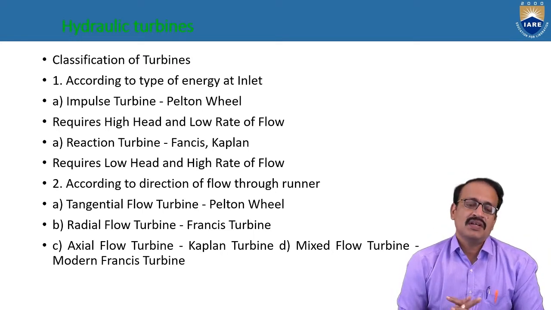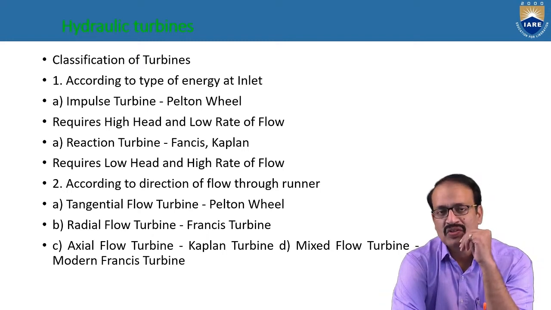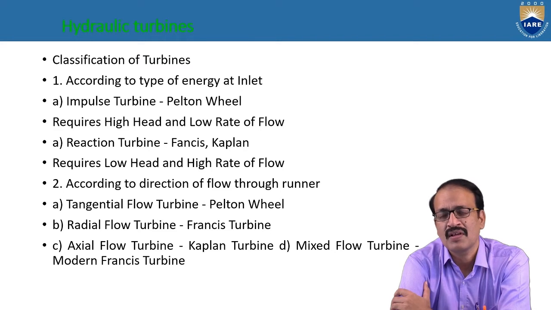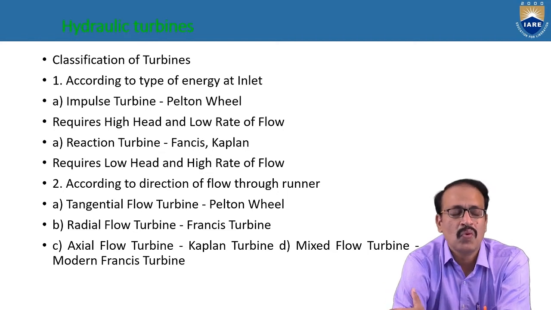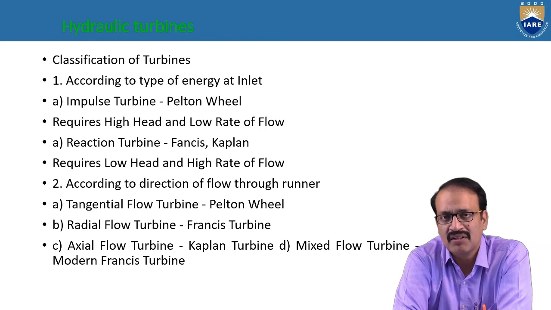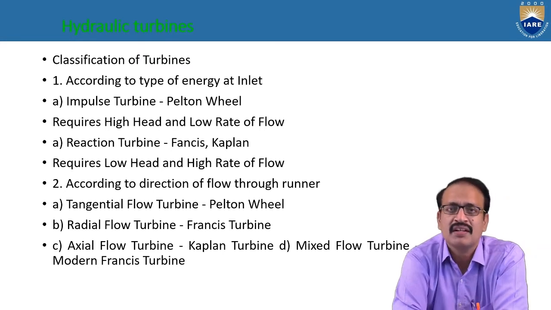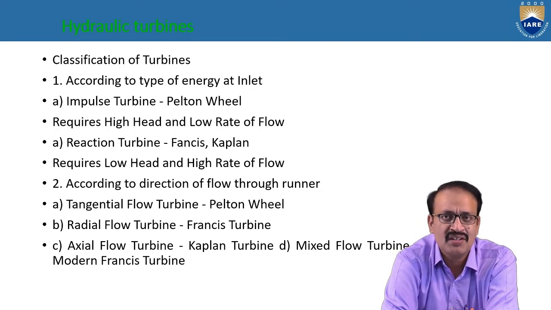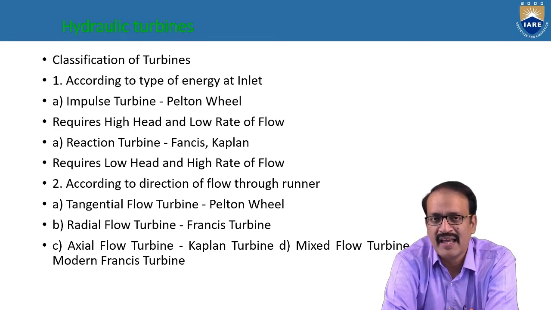Again, these turbines we can also differentiate by another method, according to the direction of the flow of the water through the runner: tangential flow, radial flow and axial flow.